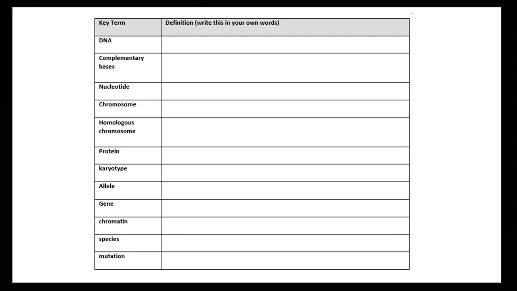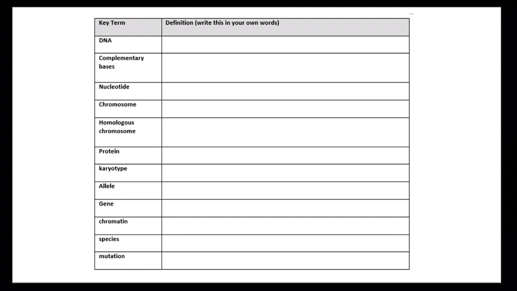Make sure these definitions are written in your own words, so don't just cut and paste from Google. That defeats the purpose of this activity. Google will also likely give you complicated or elaborate long definitions that you may not actually understand. Make sure the definition is also applied to genetics.